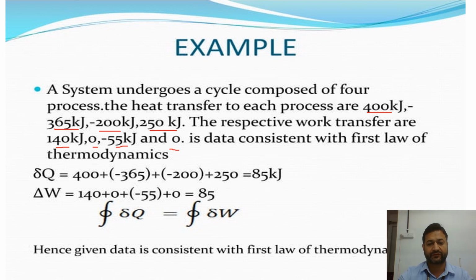So what was Joule's experiment? Delta Q will be equal to delta W. The summation of heat we have calculated is coming out to be 85. Then for the same cyclic process, the summation of the integral of delta W is also coming out to be 85. So it automatically justifies the first law of thermodynamics.